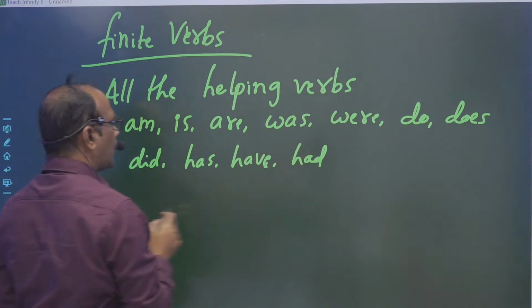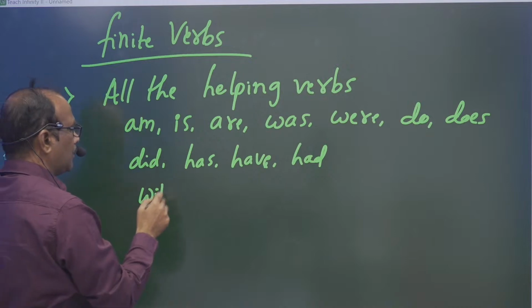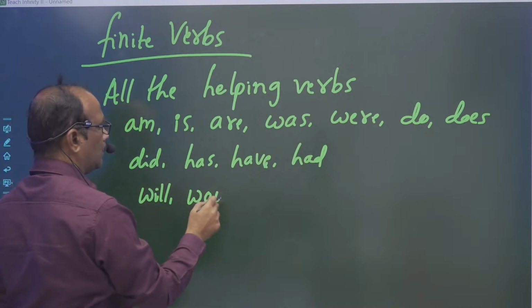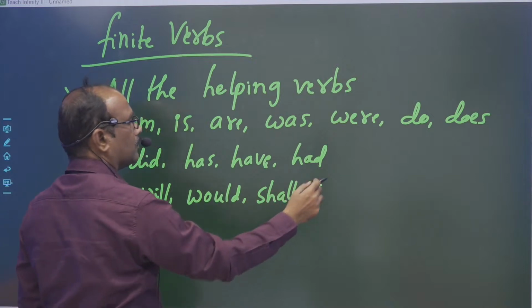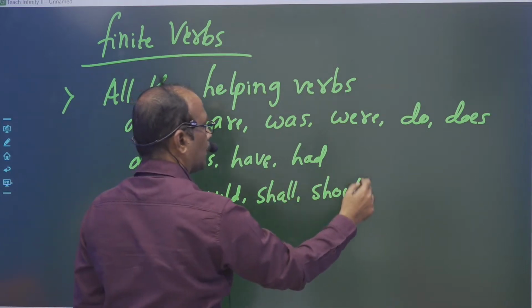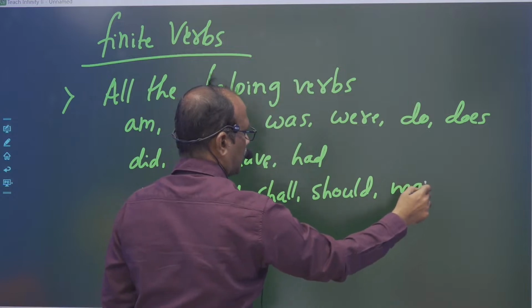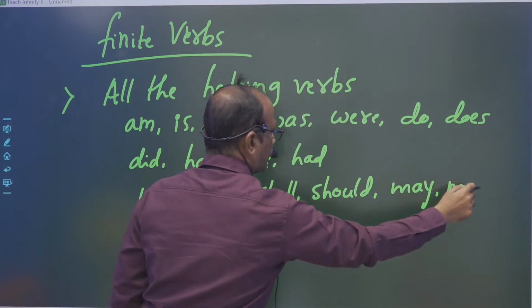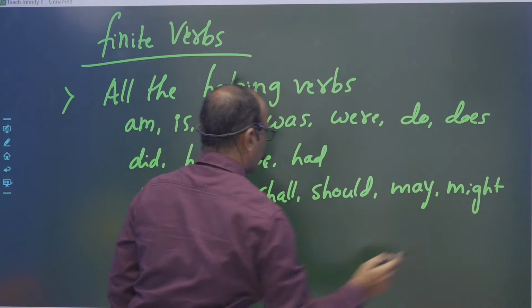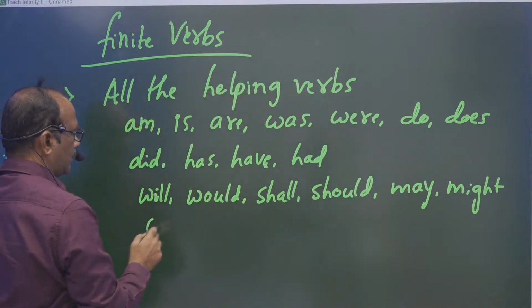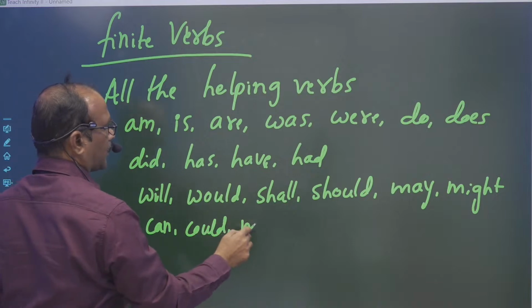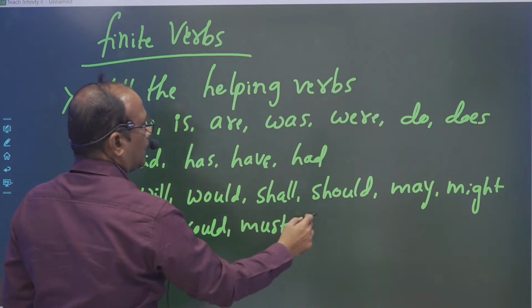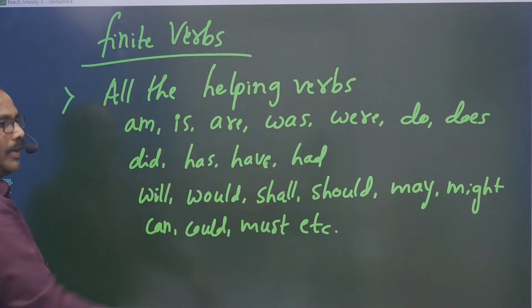And at the same time, all the modal verbs: will, would, shall, should, may, might, can, could, must, etc. So these are all called the helping verbs.